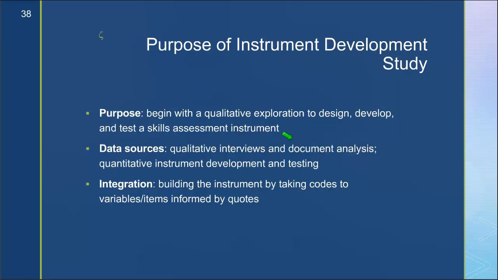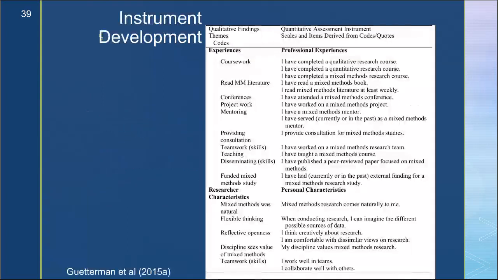So let me show you an example from an instrument development study. This is from my work on research capacity building. It began with a qualitative exploration, including qualitative interviews and document analysis, and then developing and testing an instrument. In this joint display, I'm trying to illustrate how we actually used qualitative findings.